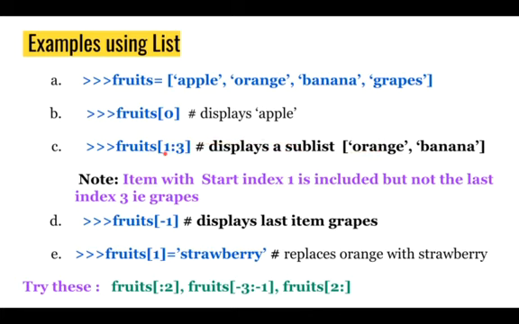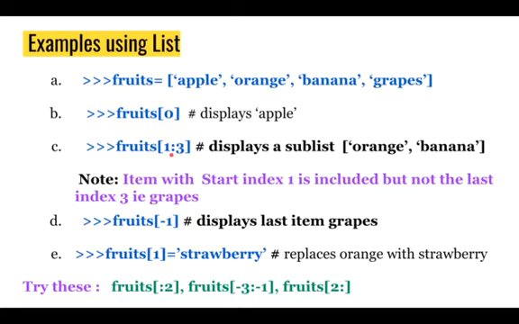For example, here 1 colon 3 is used, and the new list is created with the item which represents the index 1. That is, the item that represents index 1 is orange. The next index, 2, we have to include in the list.